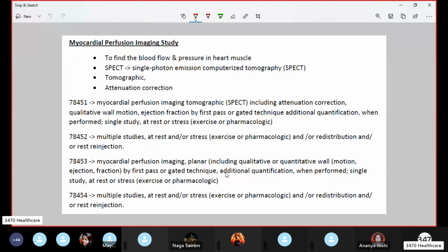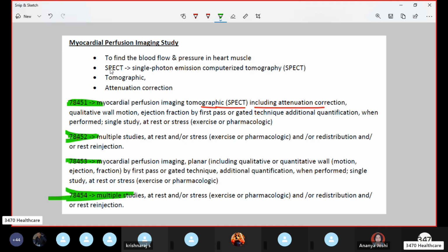If these words are present, you need to consider 78451 and 52, based on single or multiple study. Then 78453 and 54 are for myocardial perfusion imaging study.